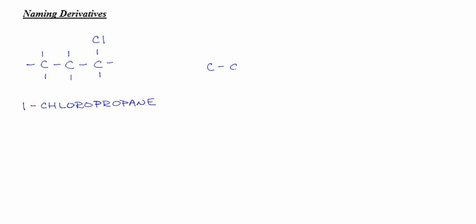If we have this, so we still have propane, and we attach a chlorine and a chlorine, now the far left carbon will have the lowest number, which is 1, and this is called propane, 2 chlorines, so dichloro, and they're located on the first and second carbon.